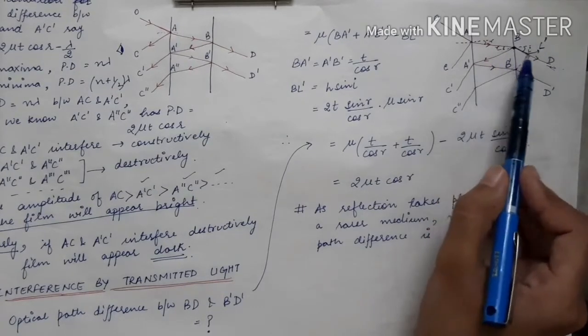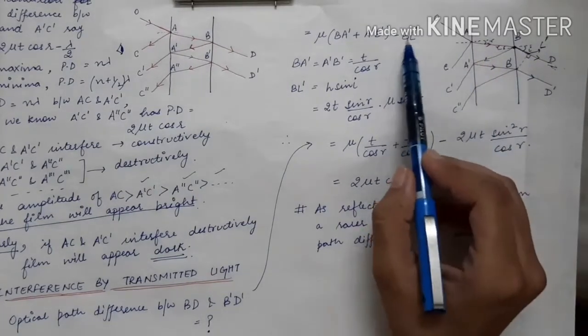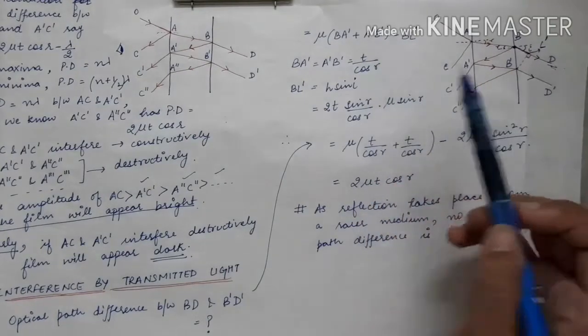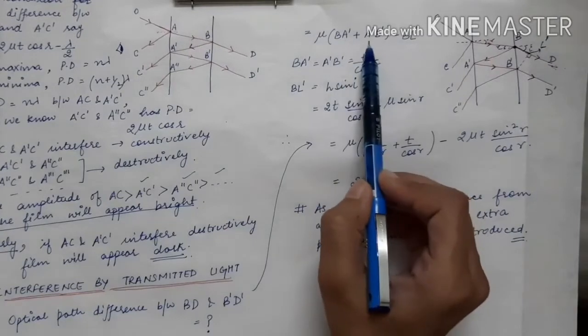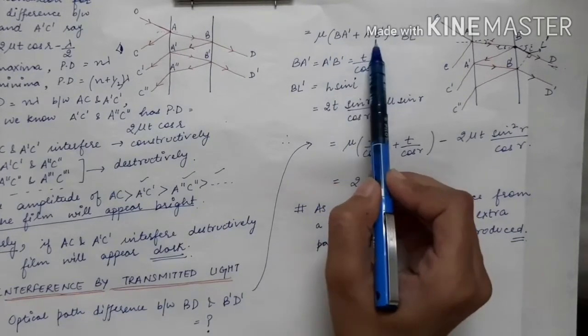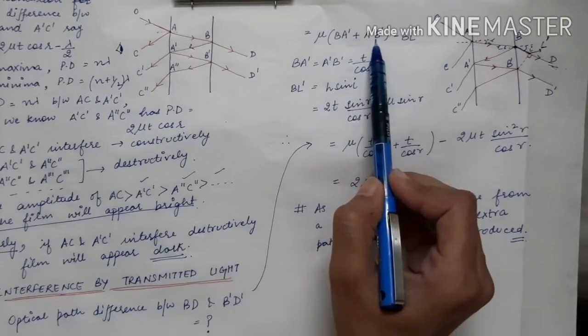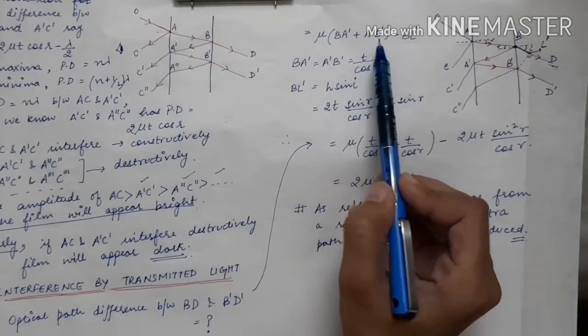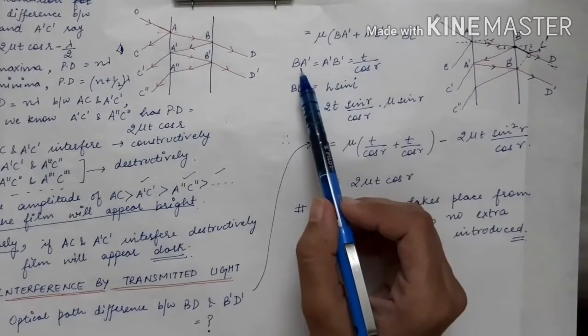So the optical path difference will be equal to the subtraction of both optical paths which are travelled by the individual rays. So first of all we will find BA prime and A prime B prime, and these values come out to be the same as we found in the case of interference by reflected light. So you can find it easily.